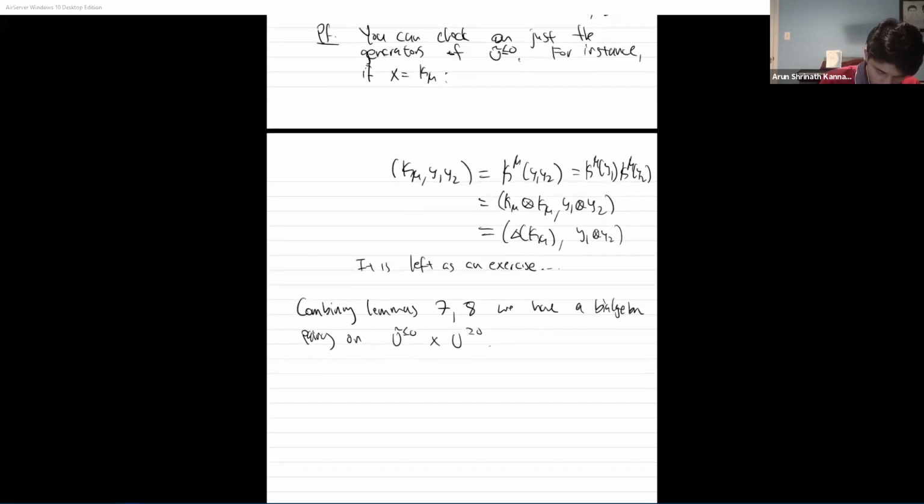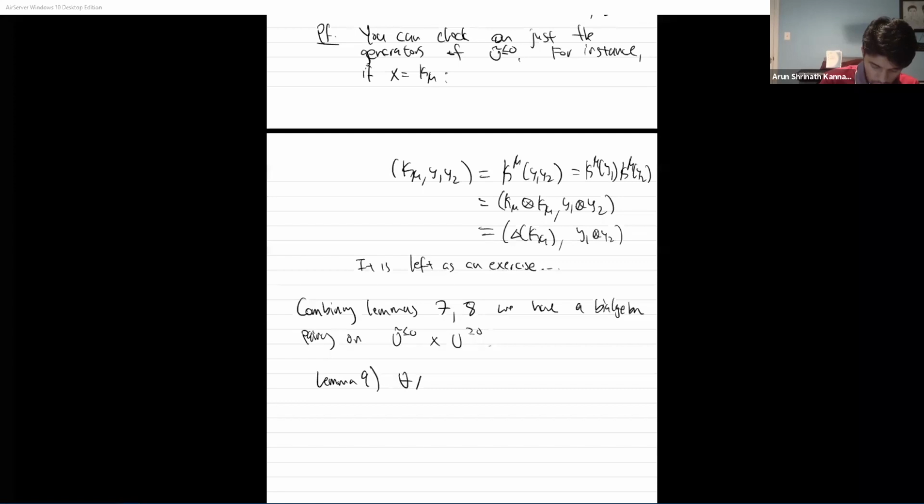Okay, and so the point is, can we descend it to U greater than or equal to 0? That means it should vanish on the Serre relations. In order to show that, we need to make a small observation first, which is the following lemma.